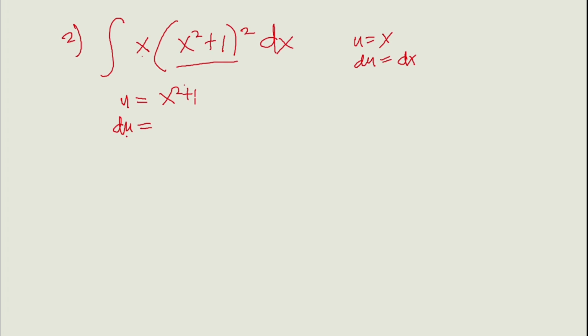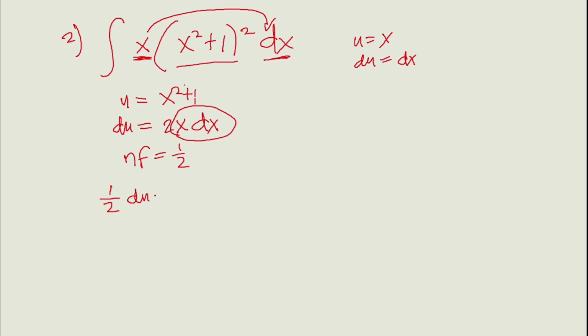du is equal to 2x dx. This time we could cater x and dx, but we need the neutralizing factor, which is 1/2. So x dx, if we combine, is our 1/2 du. So 1/2 du is equal to x dx. We now have the value for x dx and the value for x squared plus 1.